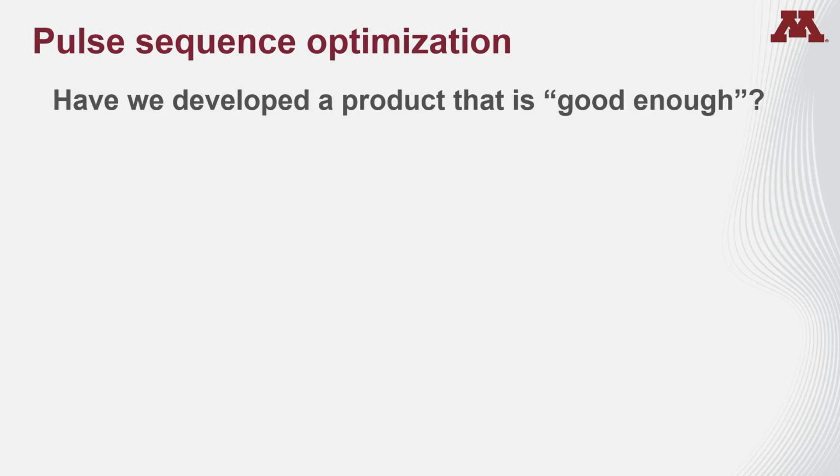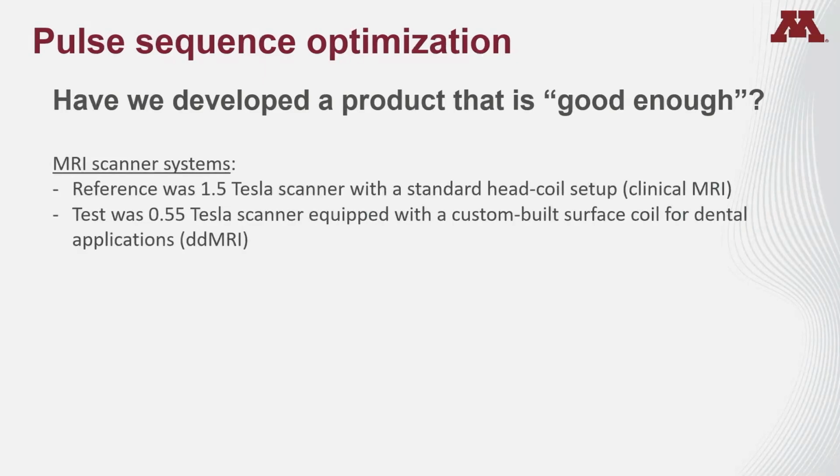As I've been working on this area, one of the questions that I always ask is, as we think about making technology cheaper and more accessible to the average clinician, how do we know we get to good enough? So here's something I want to present to you and see if I can get some audience participation. In this research, we were looking at using a typical clinical scanner, a 1.5 Tesla scanner, in the normal setup that you would for TM joint imaging.